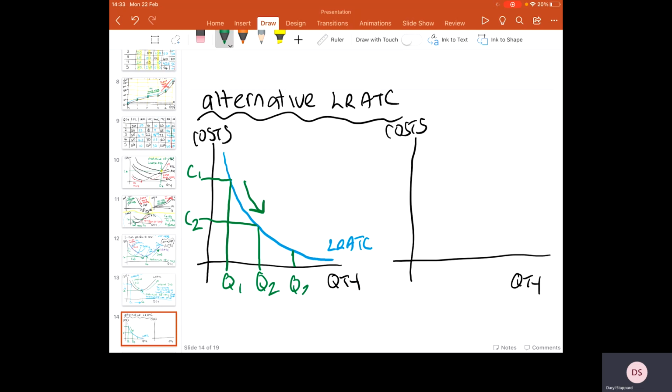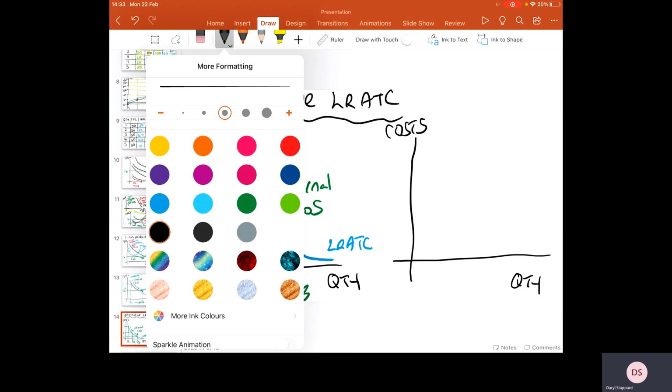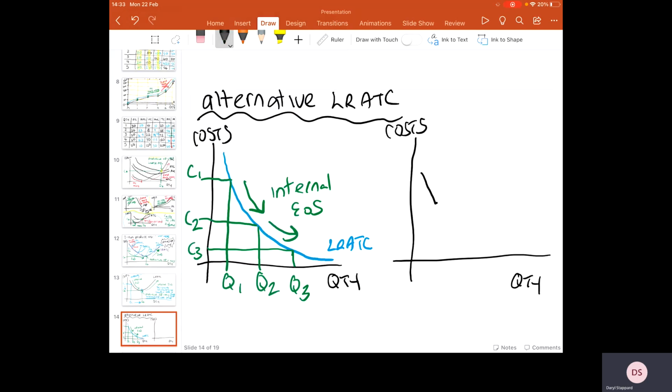And if they scale up production to Q3, again there will be a further reduction in long-run average total cost. So they're benefiting from more internal economies of scale. So this firm is only seeing average total cost of production fall as they continuously scale up production. The one on the right-hand side, I'm going to draw in this way.